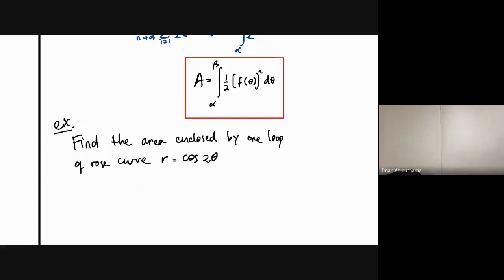The question is just finding the area. We have the curve r equals cosine 2 theta, and the question is just finding the one loop. So we know this is the rose curve, right?